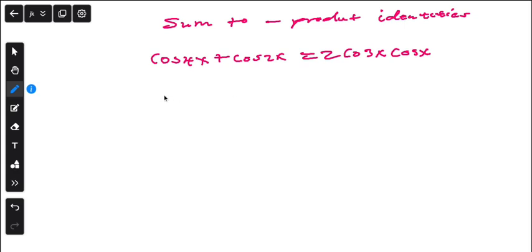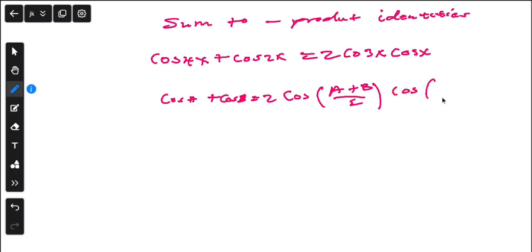So here we are going to say, we know that cos a plus cos b is equal to 2 cos, then open bracket, a plus b, then over 2, then cos, open bracket, a minus b, then divided by 2.